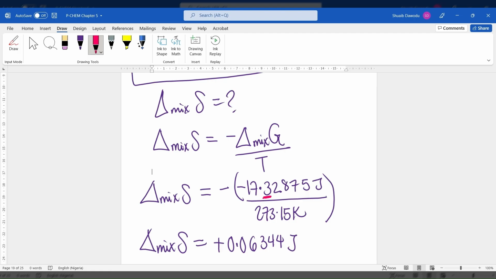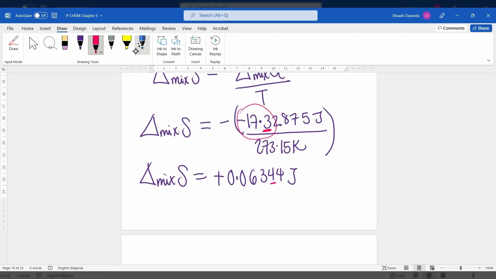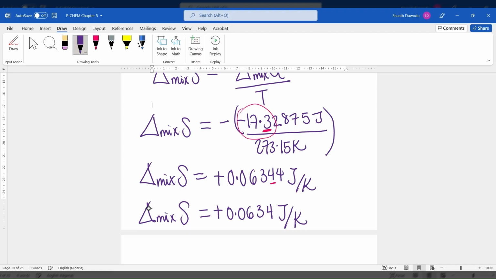When we get to the end of our calculation, then we can approximate. We're going to have our final answer in three sig figs. So the change in entropy of mixing is going to be positive 0.0634 joule per Kelvin. Remember, the units for entropy are usually joules per Kelvin. So this is basically the answer to this question.